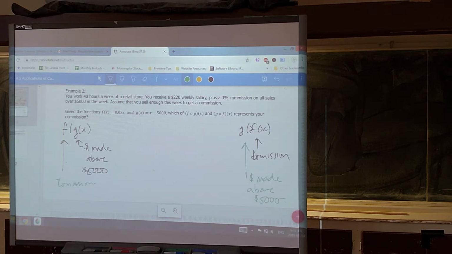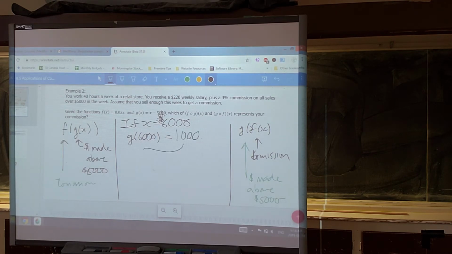Let's say you wanted to try just throwing in a fictitious number. Let's say you sold $6,000. If you sold $6,000, g of 6,000 would be, quickly, subtract 5,000, 1,000.